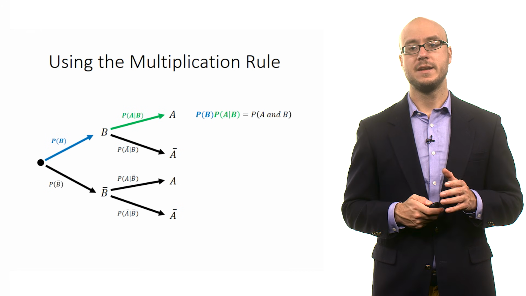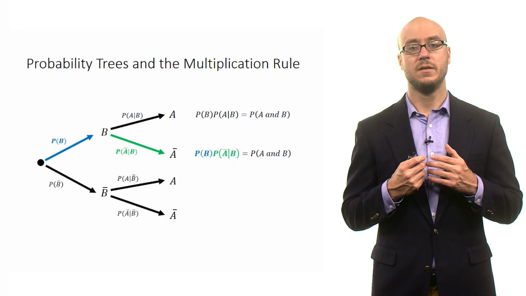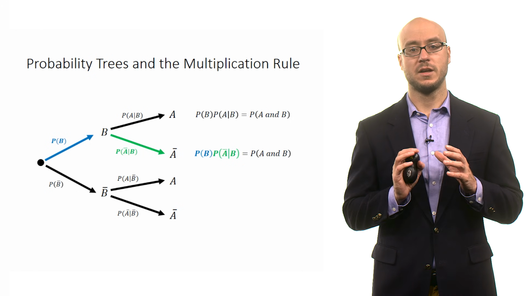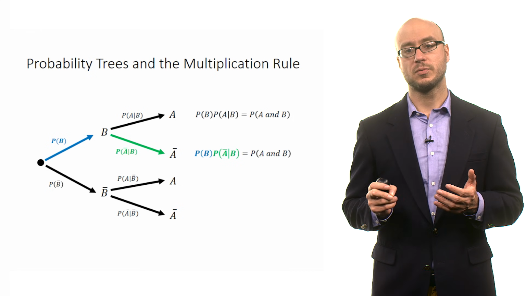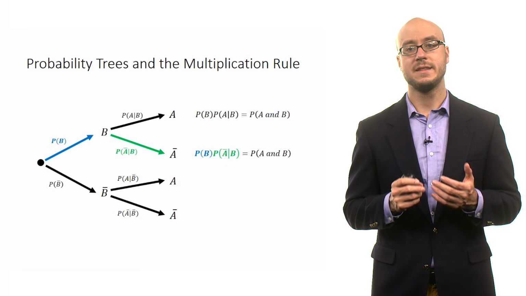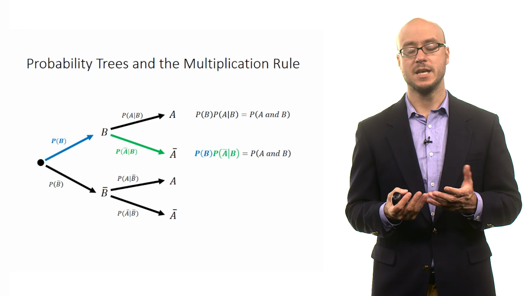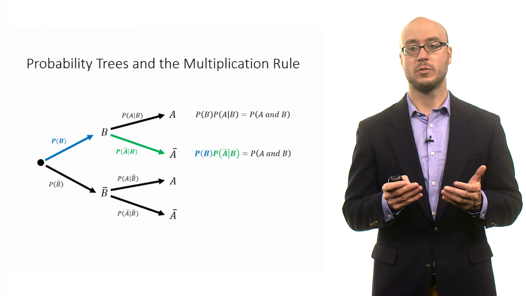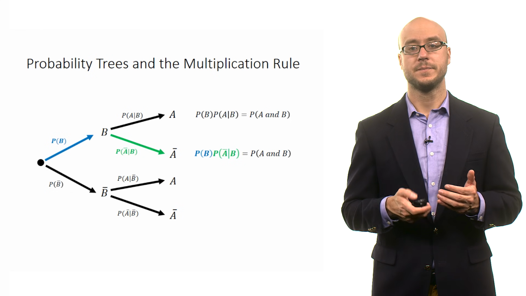That next set of branches tells us the probability of B and not A. So we still have the overall probability of B, and then that green branch tells us the probability of not A, given B. And again, to find that joint probability, you just multiply those two branches together.